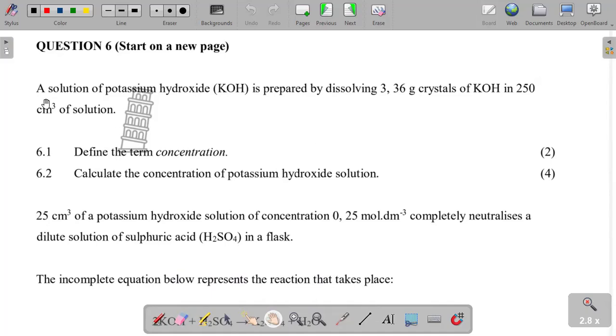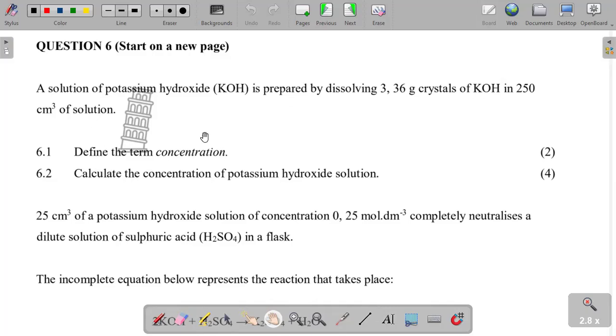They say what? A solution of potassium hydroxide, KOH, is prepared by dissolving 3.36 grams crystals of potassium hydroxide in 250 cubic centimeter of solution.